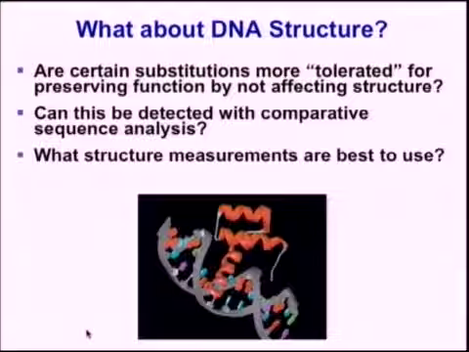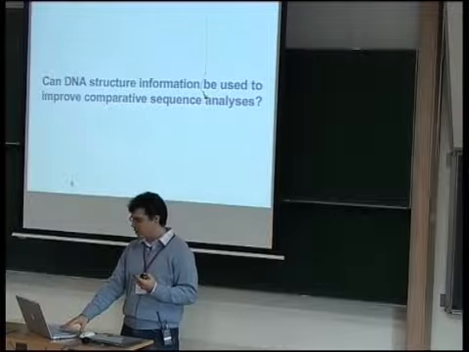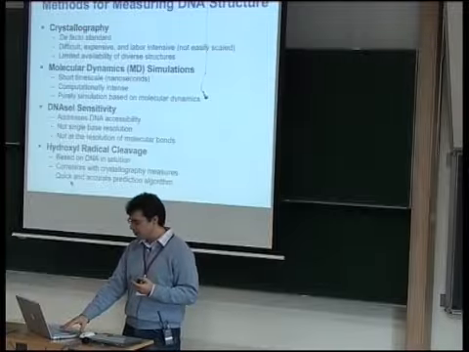And you forget that DNA is a three-dimensional molecule that has structure to it. And I wanted to come up with a way that maybe we can incorporate this information into our sequence constraint algorithm. So the question is really, can this structure information be used to improve comparative sequence analysis?